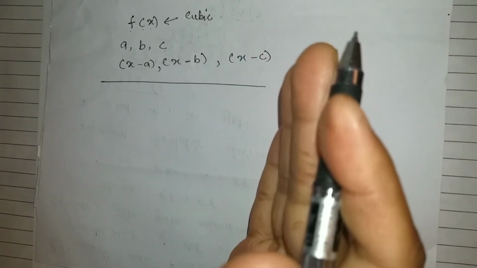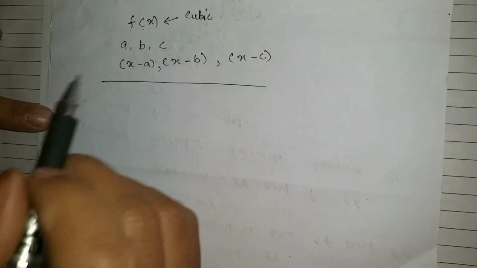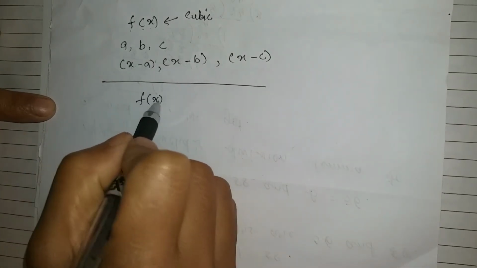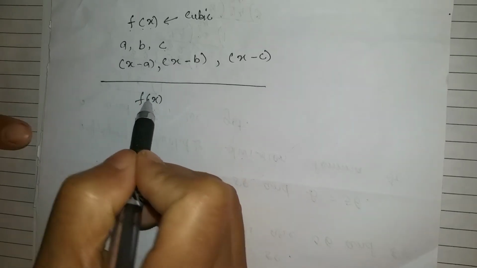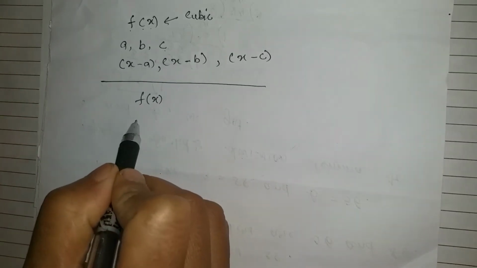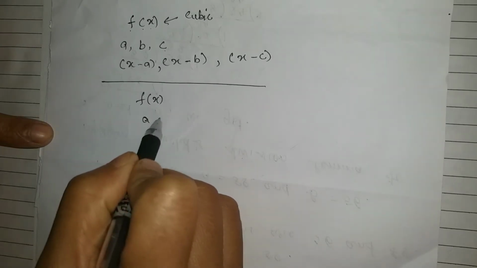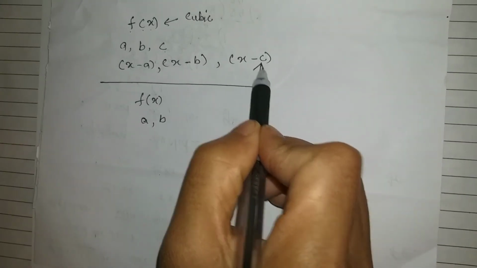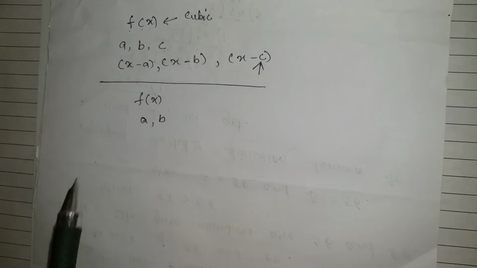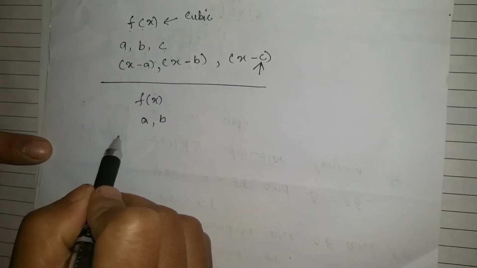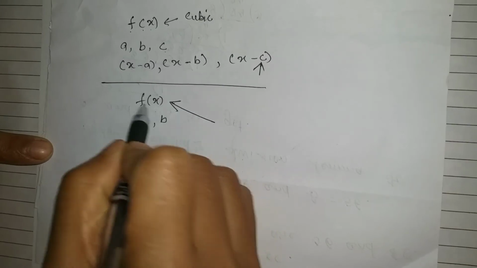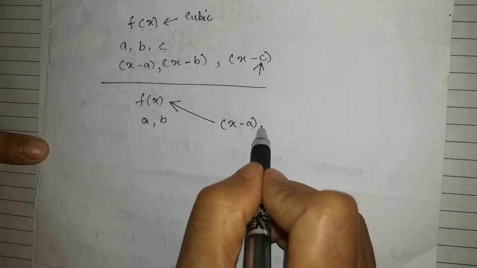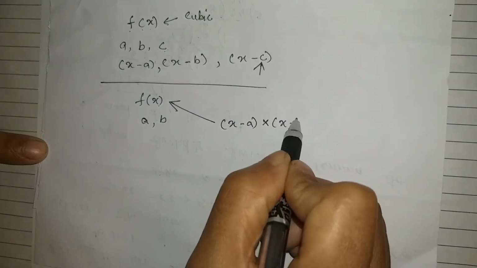In the problem that we are going to do, if we have a cubic polynomial f of x, then two of the zeros will be given. Suppose a and b. We will have to find out the third zero, that is c. So how do we proceed? We will divide f of x by x minus a into x minus b.